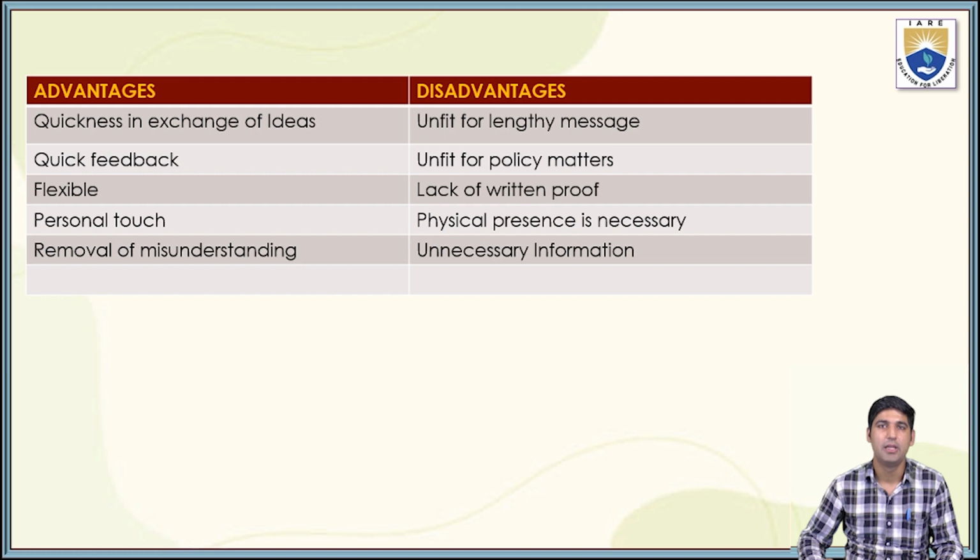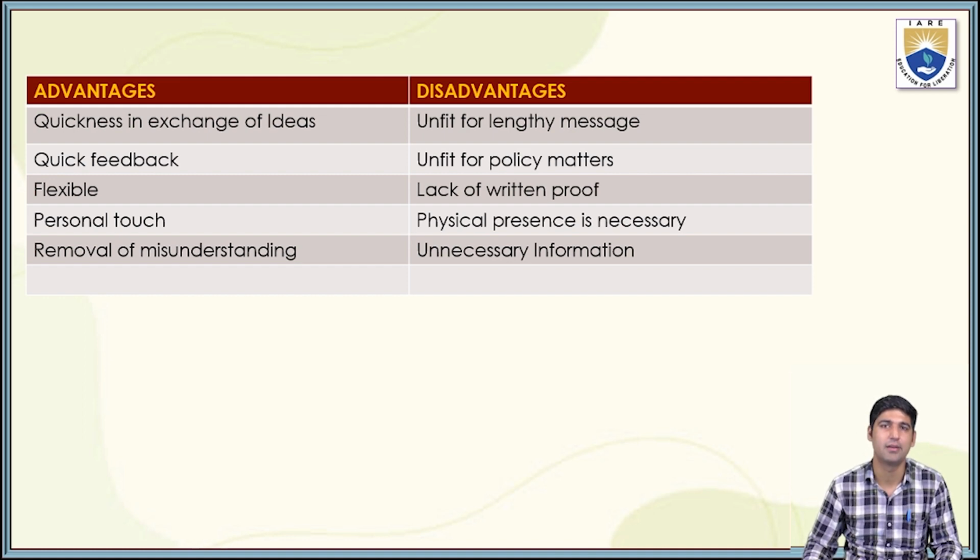For example, we are talking to our friends about some important topic, about an important project. So we need some written proof for important talks, important dialogues. Important dialogues cannot happen with the word of mouth only. Then physical presence is necessary.